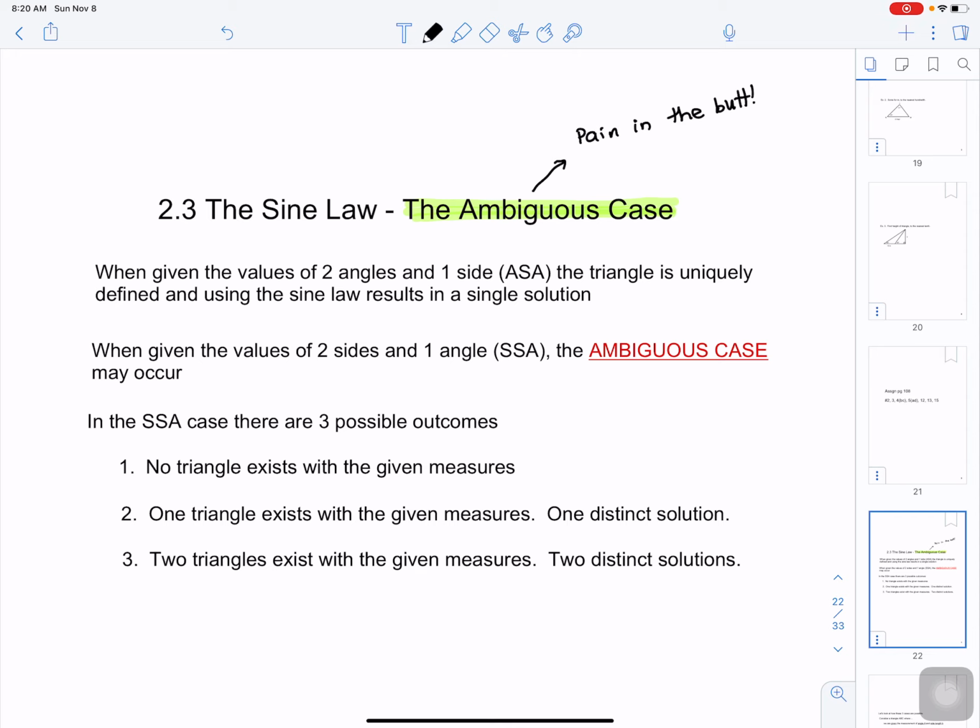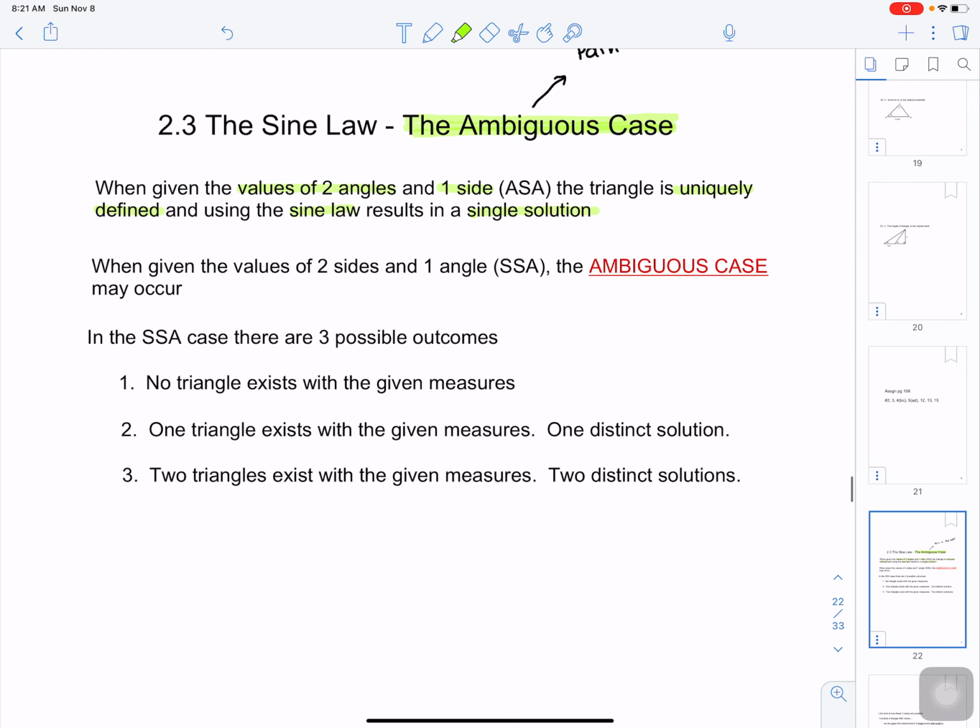So what's going to happen is in the ambiguous case, when you're given the value of two angles and one side, there's no problem. There's a uniquely defined solution and the sine law will give you one answer. However, when I have a triangle that has two sides and an angle, we call this triangle the ass triangle, it should remind you that this is going to be a pain in the butt, okay?